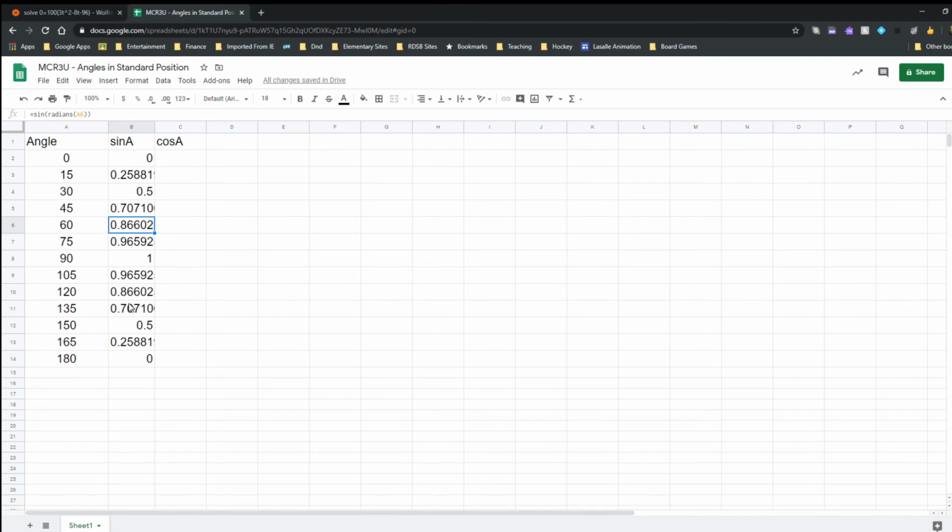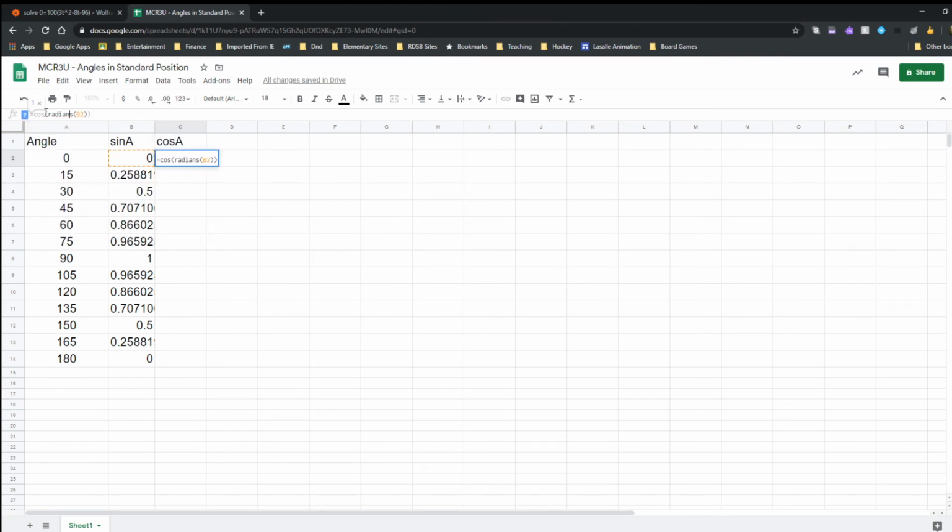Okay, so we're going to discuss in a minute why this is happening. Okay, why are you getting these supplementary angles that are giving you the same number when you do the sine of them? Let's look at the cosine. Now I'm going to do a little bit of cheating here. If I copy this over to this cell by sliding the little corner over to this side, now I don't want to do sine anymore, I want to do cosine, but it's already set up to do the radians transformation, so I'm just going to select the sine and change it to cos.